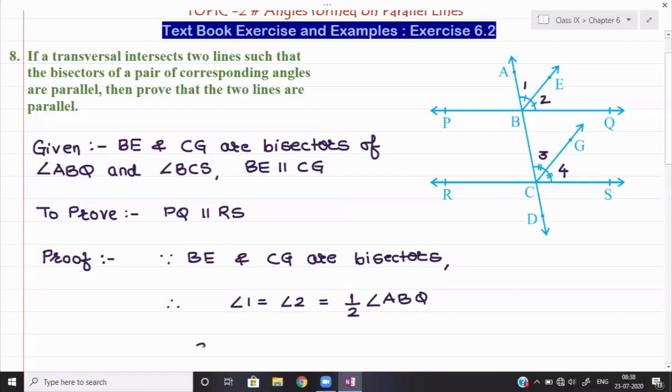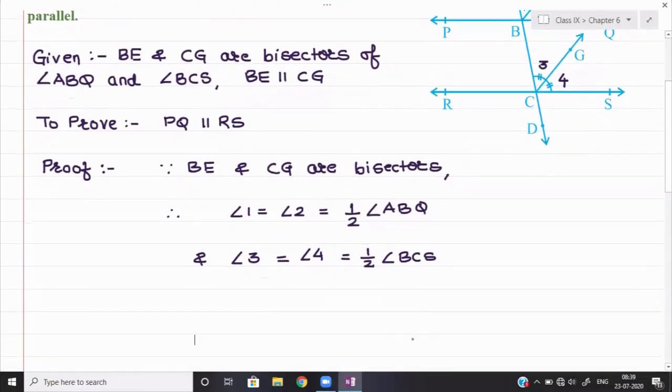And in a similar way, angle 3 is equal to angle 4 is equal to half of angle BCS. Now, if we modify this a little, we don't require angle 2 and angle 4. If I take only angle 1, it is equal to half of angle ABQ. Angle 2 I am leaving, it is not required; however it is equal, we don't need it.